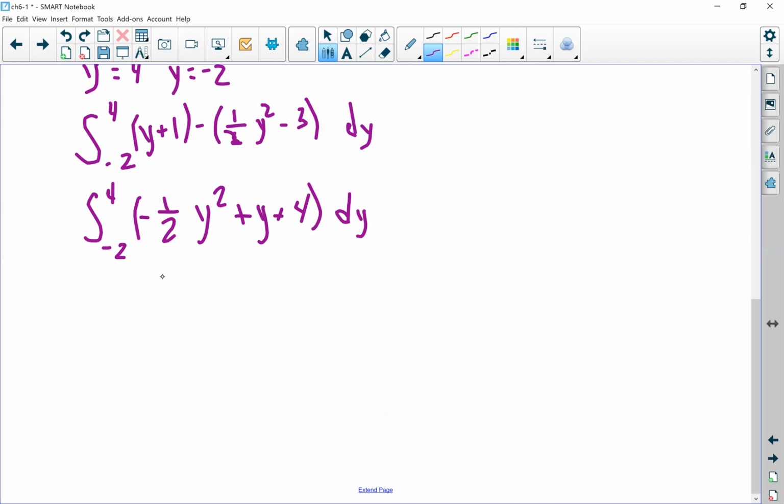All right, taking the integral. y cubed, and I'm going to divide by 3 or multiply by 1/3. I already have that -1/2 there. So that's going to give me -1/6, and 1/2 y squared plus 4y.